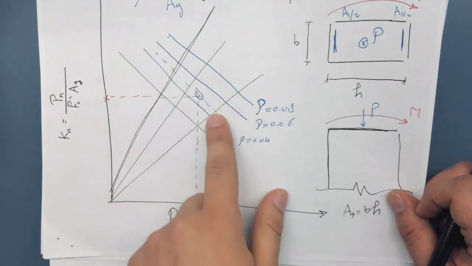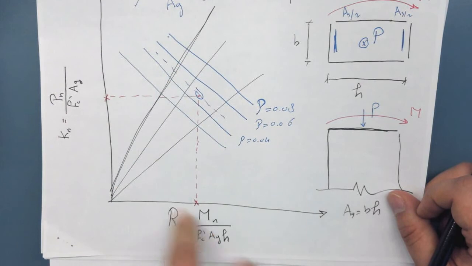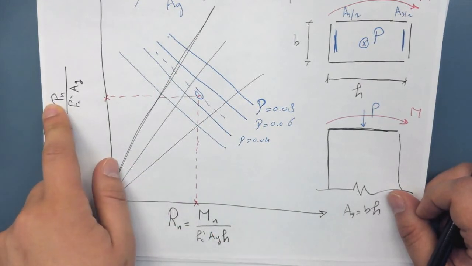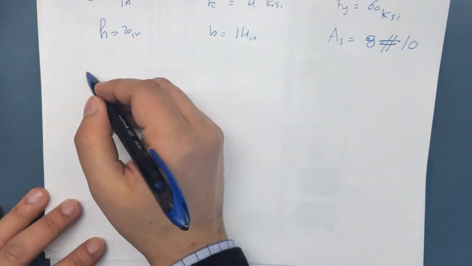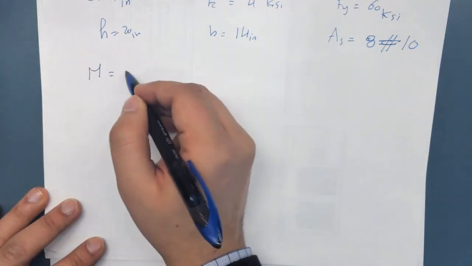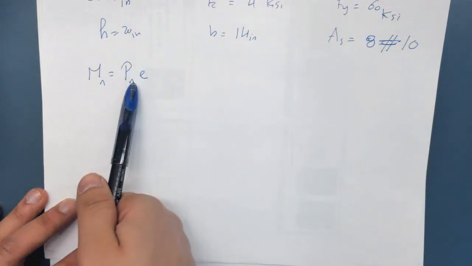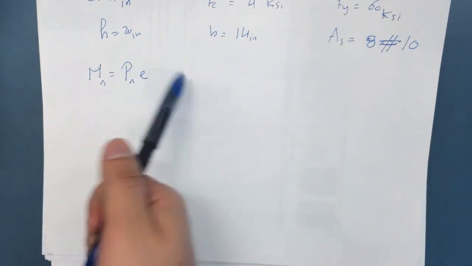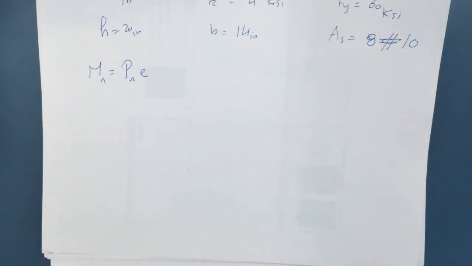We have the reinforcement, and we're looking for this point to find from it the moment and the load. We know from just the setup of the problem that the moment is equal to the load multiplied by the eccentricity. So if we know the load, we know the moment. If we know the moment, we know the load. But still, we need to use this graph. It's kind of tricky now. How can we use it?